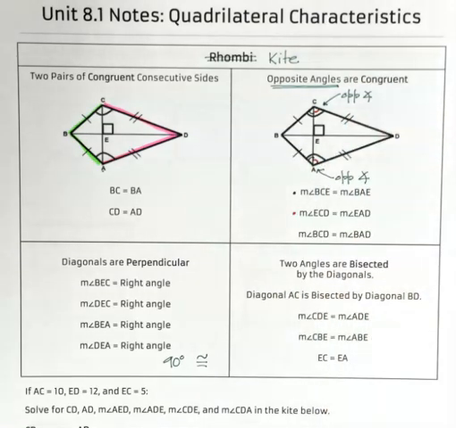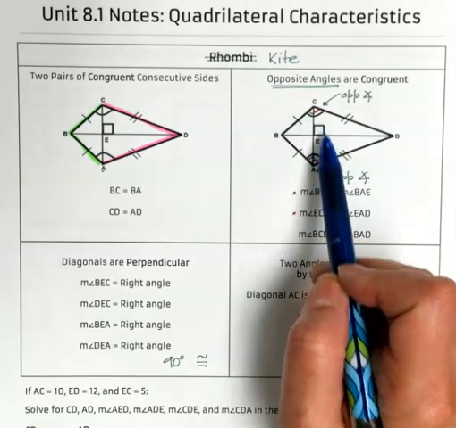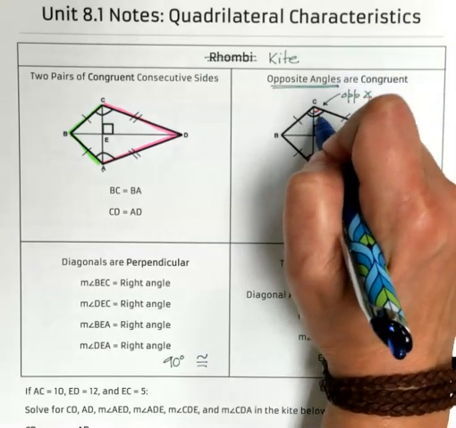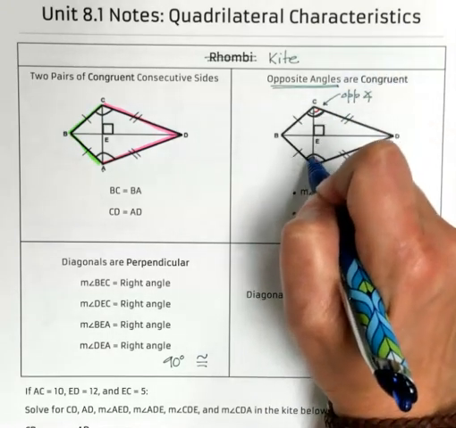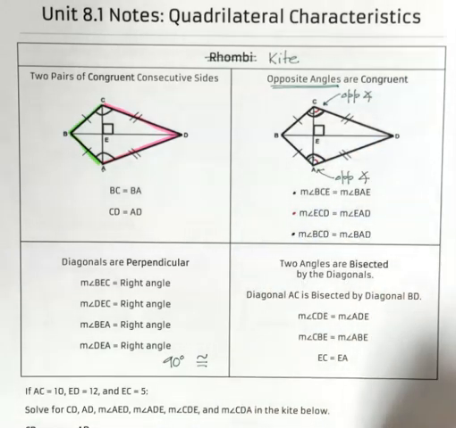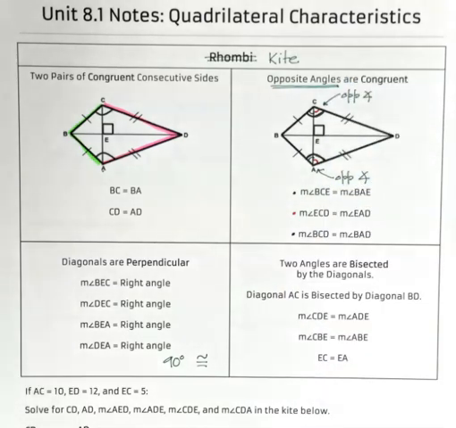And I'm using colors because this is a small diagram and it's hard to get a lot of arches in there. Which means if these two angles are congruent and these two angles are congruent, the sum of the two angles are congruent. Therefore, you have congruent opposite angles. So that's the opposite angles.